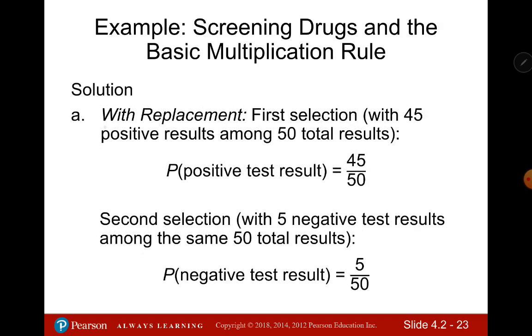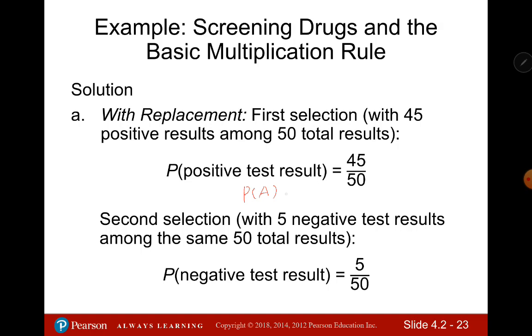For the first question, we know it's with replacement, so we can get the probability of A first. Positive test result. Among these 50 results, 45 are positive results. So among 50 people who use drugs, only 45 got a positive result.